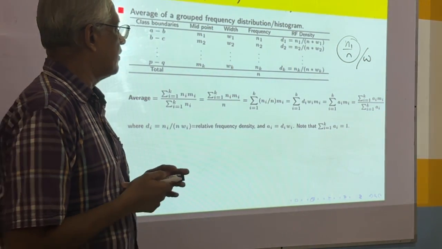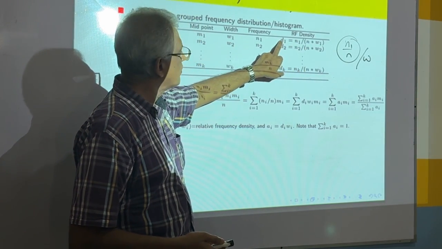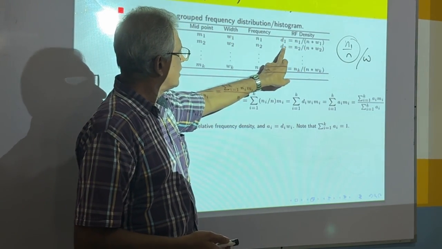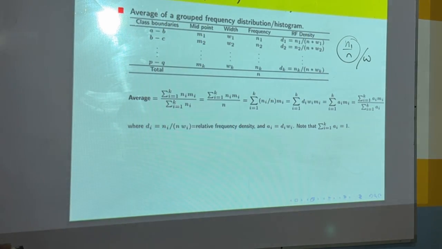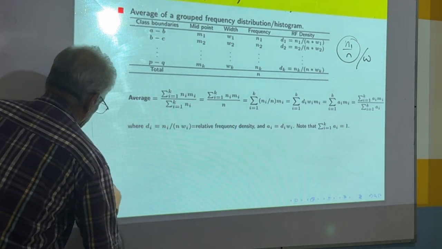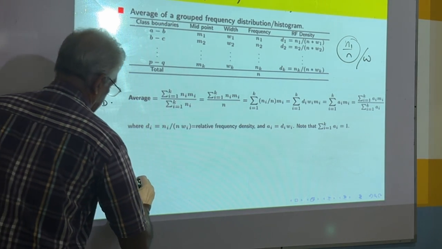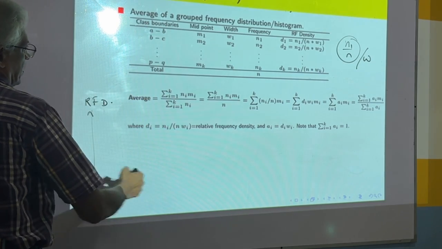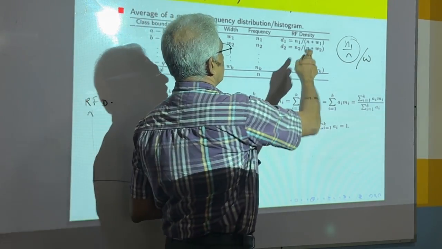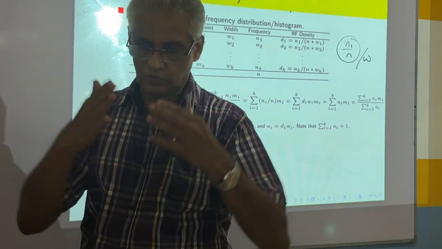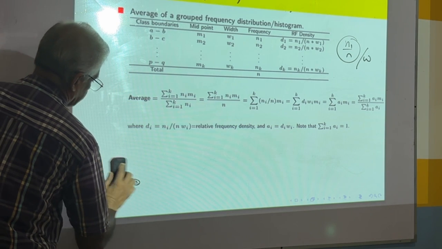So this is the relative frequency density, and similarly the relative frequency density here, and so on. In a histogram, you will be drawing that relative frequency density on this axis, and class intervals will be shown here, and your heights will be equal to these values, so that the area will be equal to the relative frequencies.